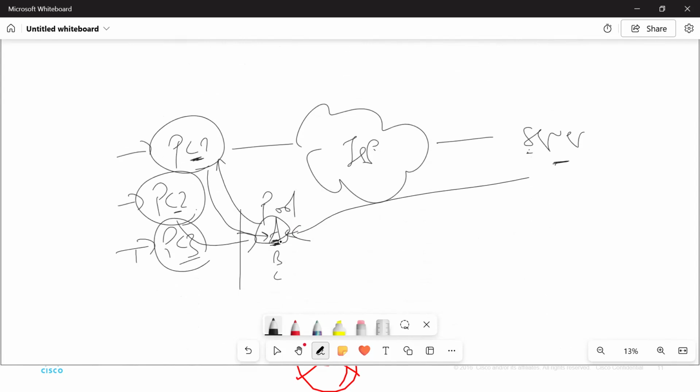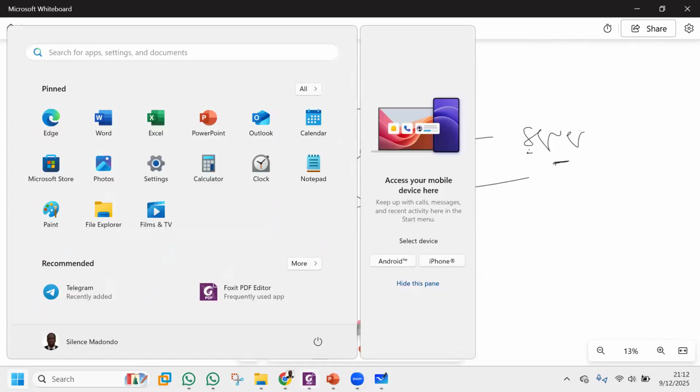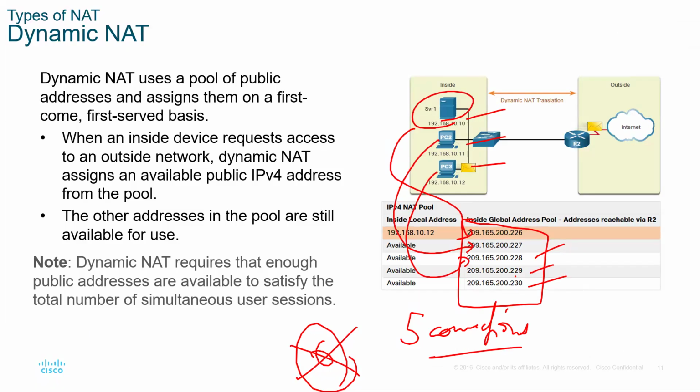If this address is available, it might be given to another host in the internal network. So with dynamic, there's a level of inconsistency there. I think that's a disadvantage for dynamic as compared to static.